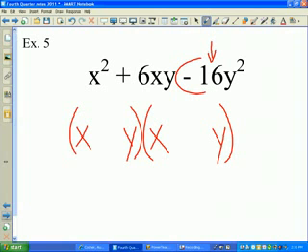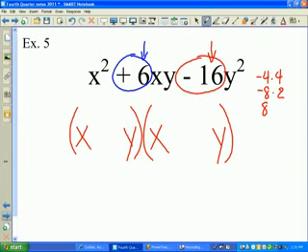What two numbers multiplied together will give me a negative 16 and added together to give me a positive 6? So for negative 16, you can say negative 4 times 4. You can say negative 8 times 2, or you can switch it up with 8 times negative 2.